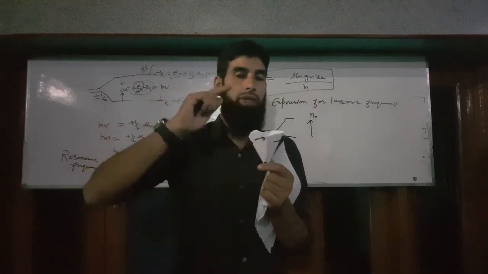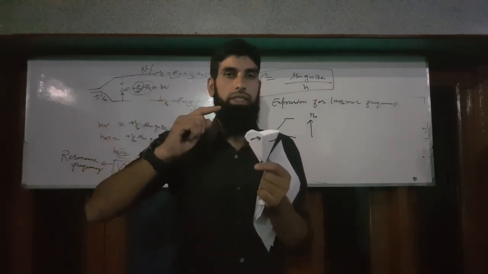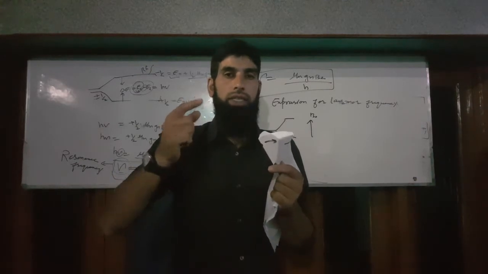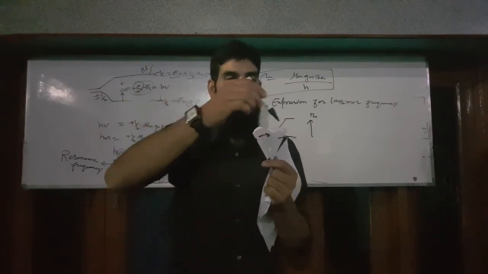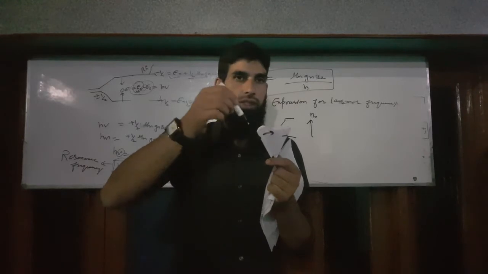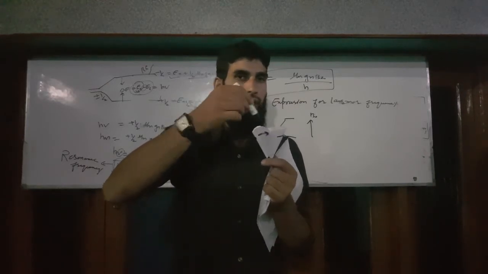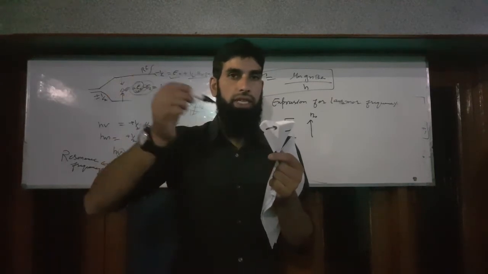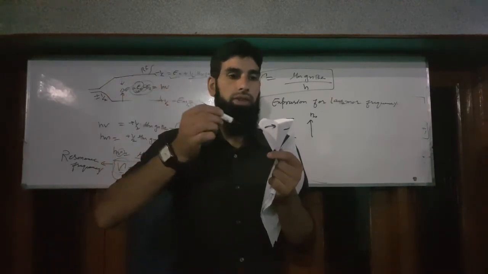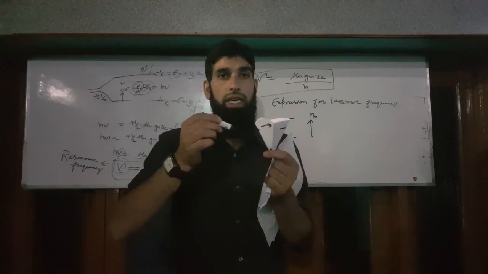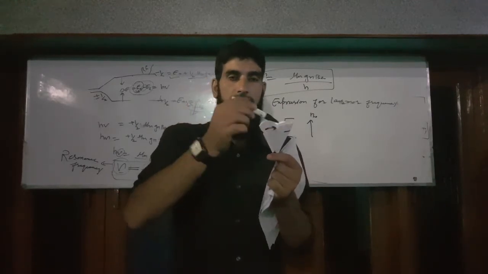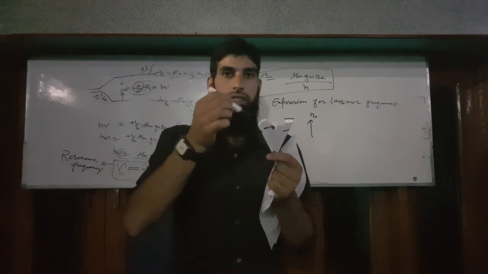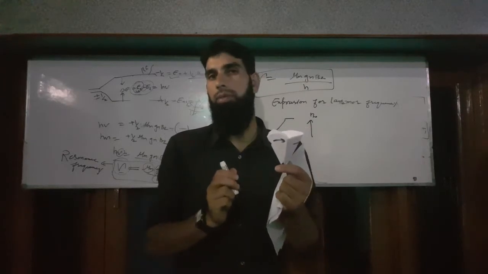If the circulatory motion increases, that means it is precessing at a higher frequency. The frequency at which this magnetic moment rotates is known as the precessing frequency. When we shine our spin states with radio frequency, the frequency that matches this Larmor frequency, that electromagnetic radiation, is absorbed.